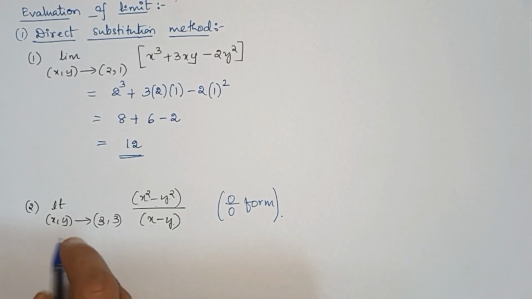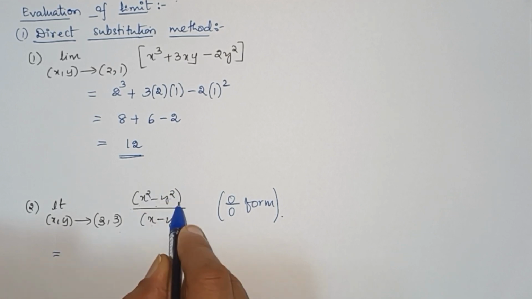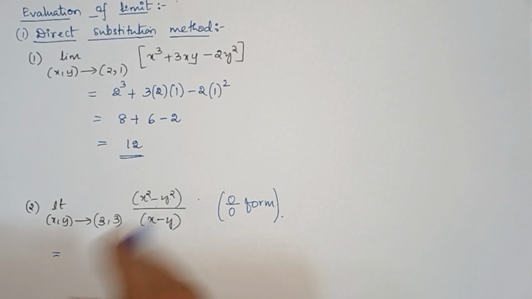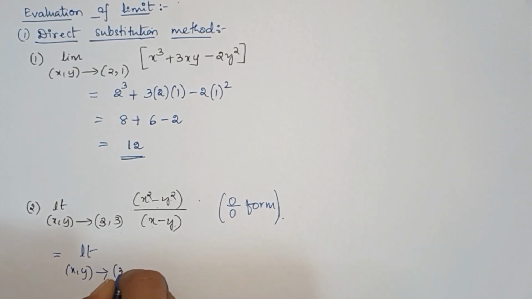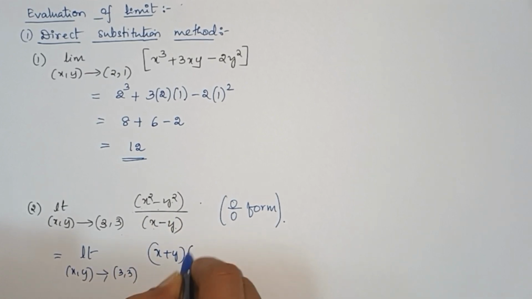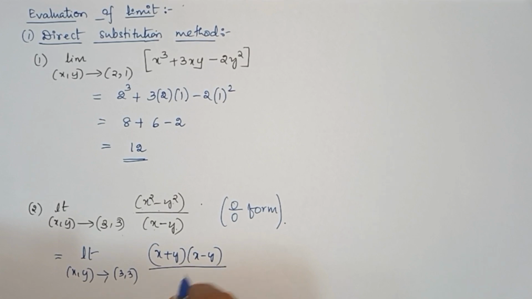Let us check that. See here, when I factorize the numerator, I can write it as x plus y into x minus y. Therefore, the limit as (x, y) tends to (3, 3) of x square minus y square is x plus y into x minus y divided by x minus y. X minus y cancels.